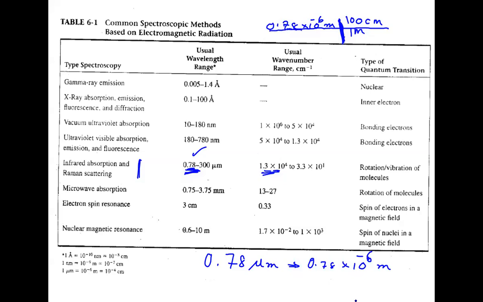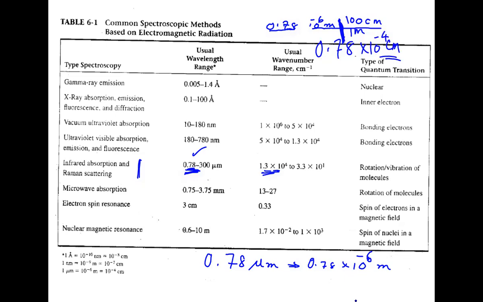After that, what do you get? You get 0.78 times 10 to the minus 4 centimeters.